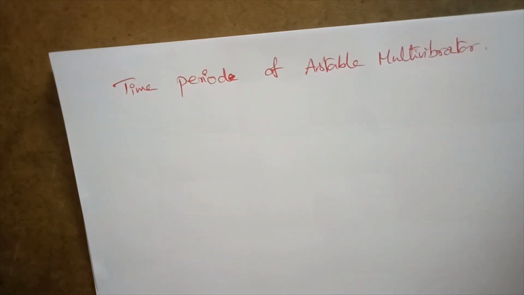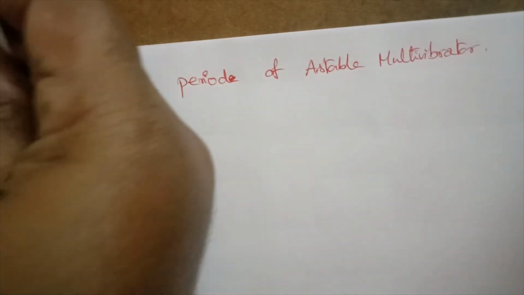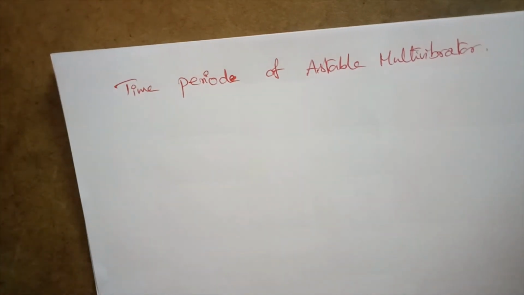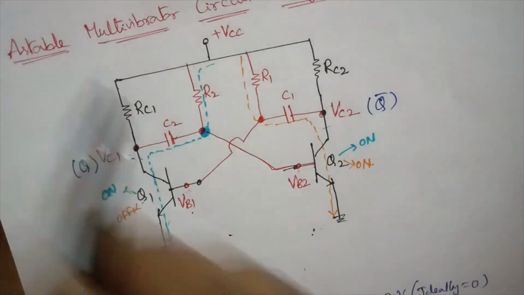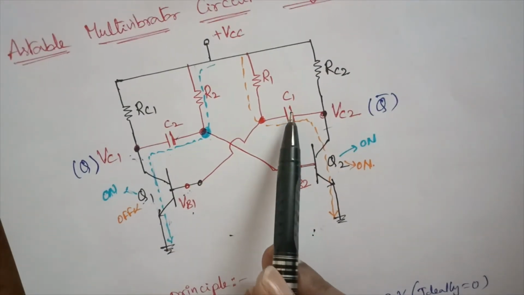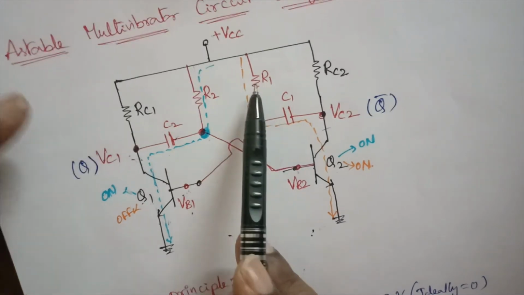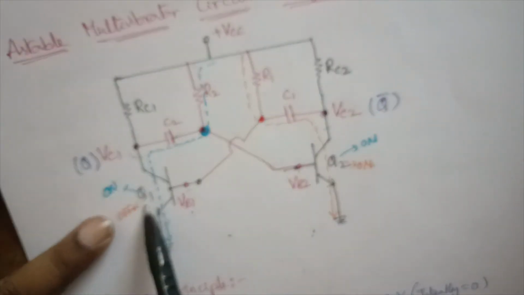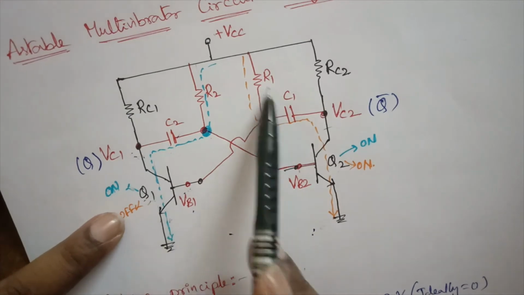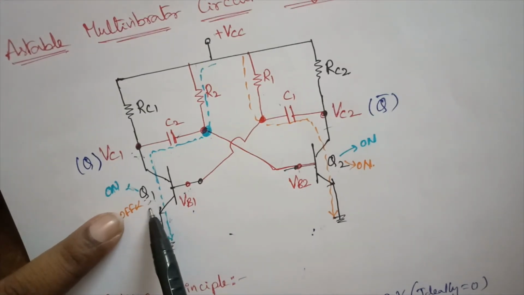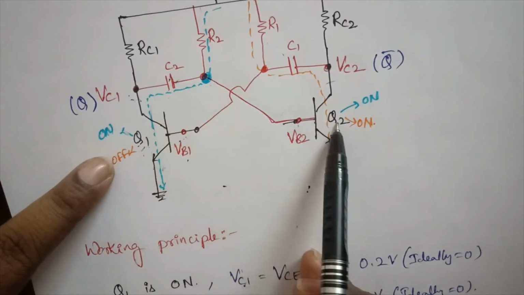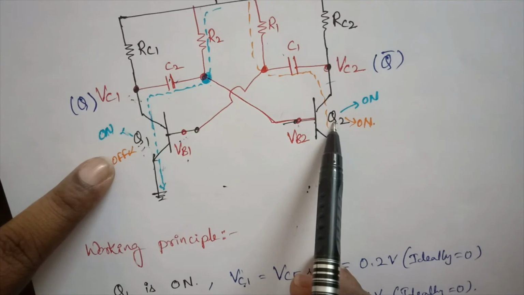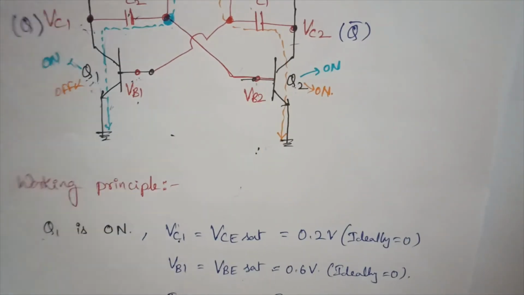If you observe the circuit diagram, C1 charges with time constant tau 1 and it turns on Q1. Next, C2 turns on Q2. I have clearly mentioned that here.